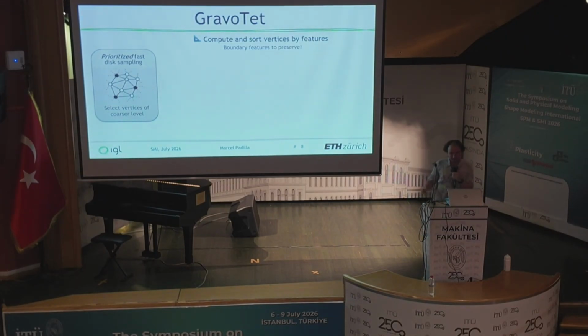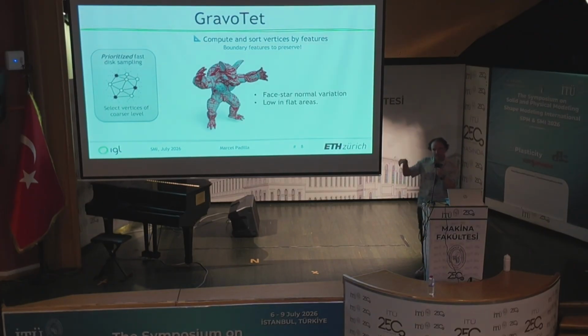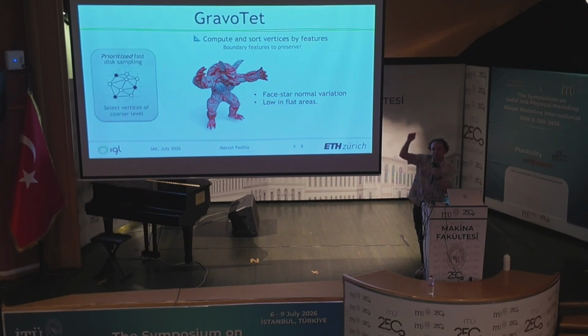So let's go into some details. The prioritized fast disk sampling, we do it by first computing a feature on every vertex. So for example, a corner of the cube will have a strong variation of its normal around it, and then we give it a higher value because of that, and then we will sample it first. This will be a prioritized vertex.